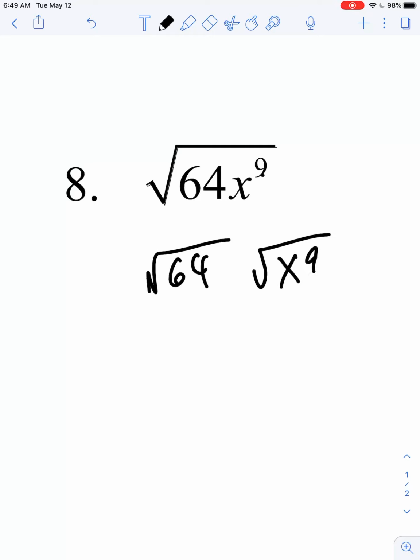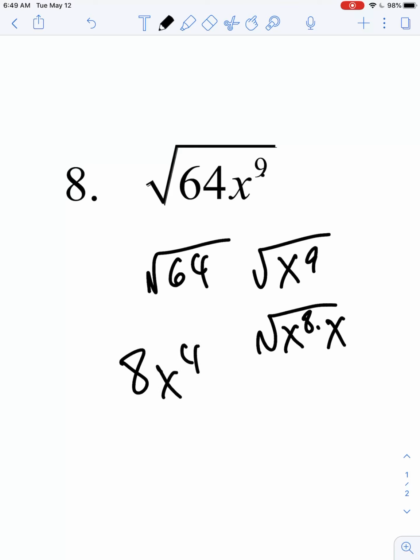The square root of 64 is 8. We can break the square root of x to the 9th as x to the 8th times x. What's half of x to the 8th? It's x to the 4th. What's left behind is simply an x. So 8x to the 4th times the square root of x is your final answer.